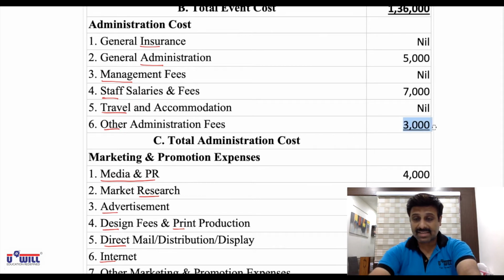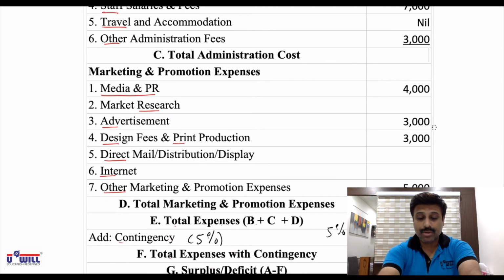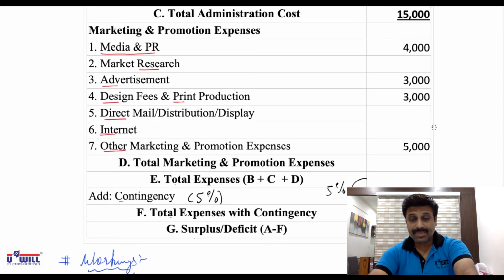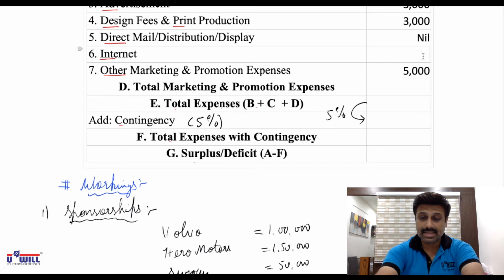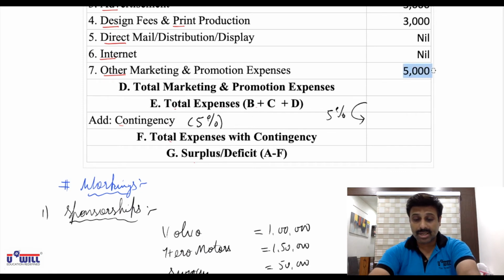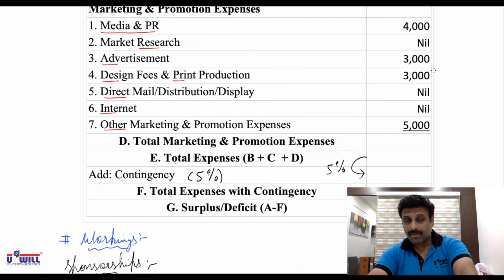So 5 plus 7, 12 plus 3, total is 15,000. Then in marketing and promotion expenses, market research is nil, direct mail or distribution is nil, internet is nil. So total: 4,000 plus 3,000 plus 3,000 plus 5,000, that is 15,000.